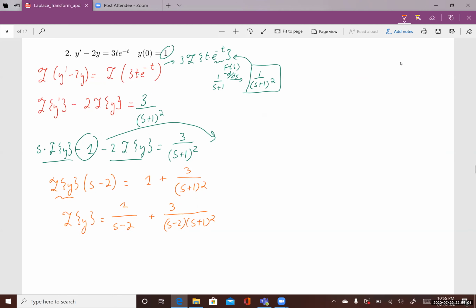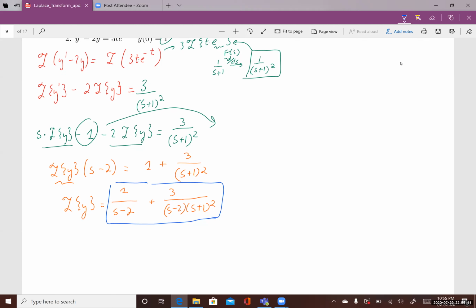Well, the next step is we need to find the inverse of these functions, right? The inverse of 1 over s minus 2 is simple because this is e to the alpha t, where alpha equals 2. So this should be e to the 2t.